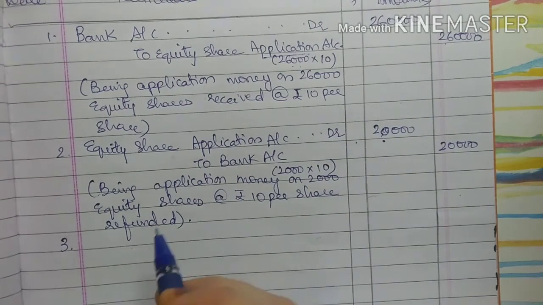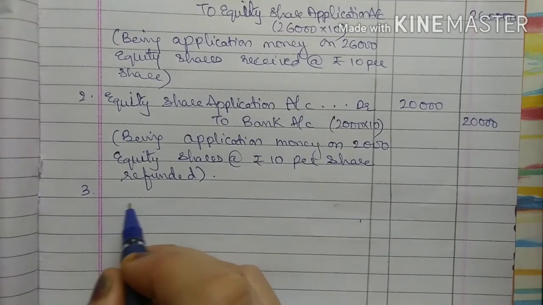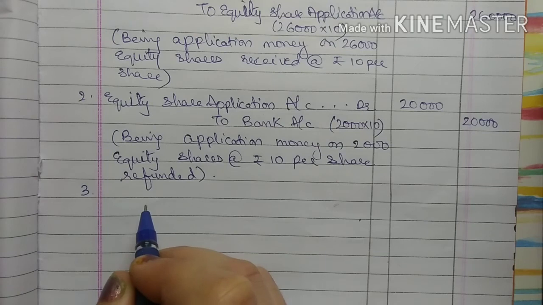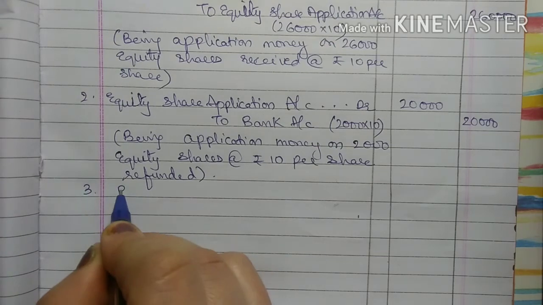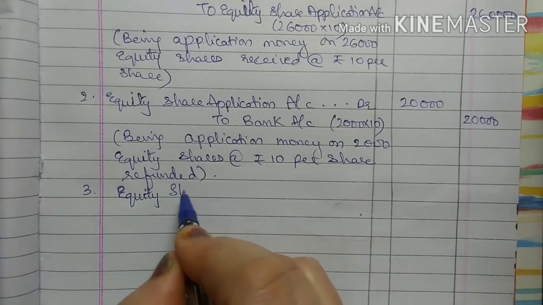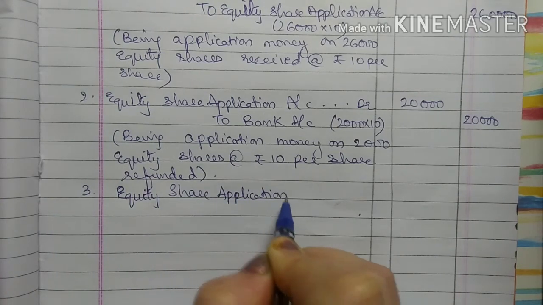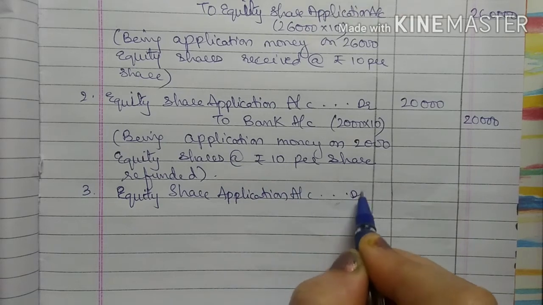So the next entry will be, now the third entry for transferring the application money to the capital account will be equity share application account debit, right?